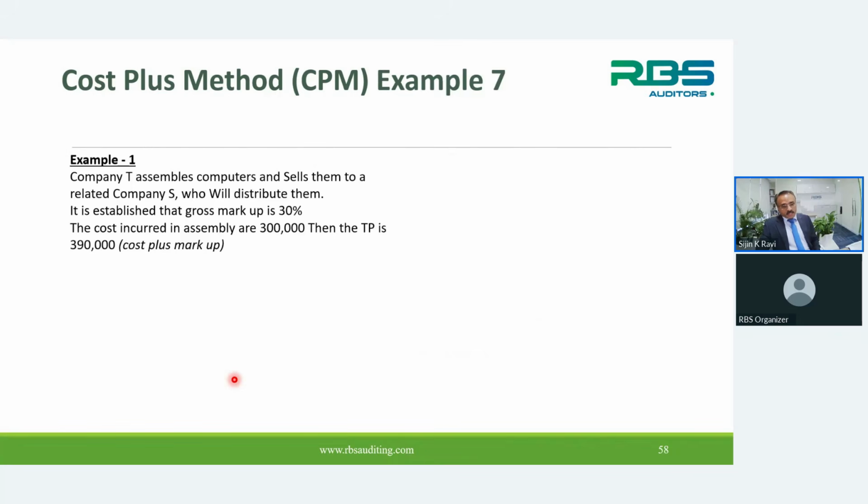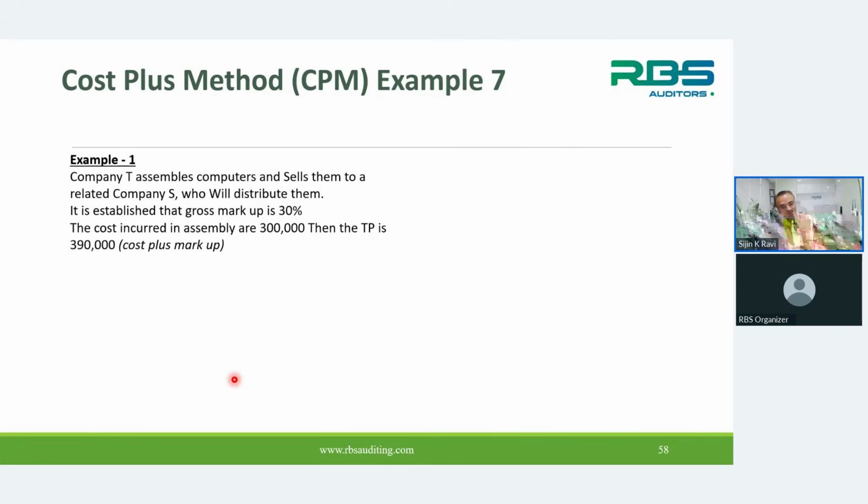Let's see one example. Company T assembles computers and sells them to a related company S, who will distribute them. It establishes a gross markup of 30%. So GP markup is 30% for all products. The cost incurred up to the stage of the product is 300,000.